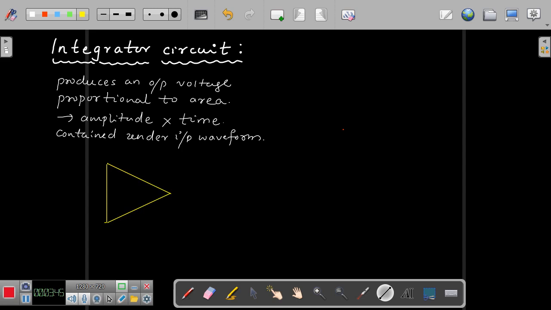Okay, so again we will see the inverting configuration only. Here, very importantly, please note the diagram carefully. Let me draw a smaller one.